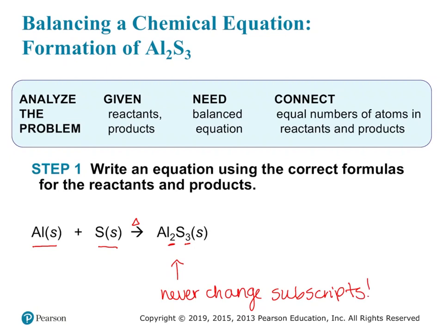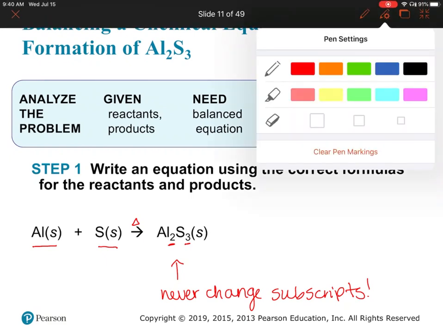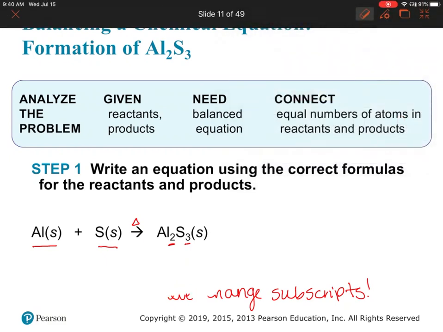We'll see later on how we determine what those subscripts are. But for now, just don't change those subscripts because that indicates a very specific relationship between the elements in a compound. Okay, so let's balance this equation. I'll show you how to do that.